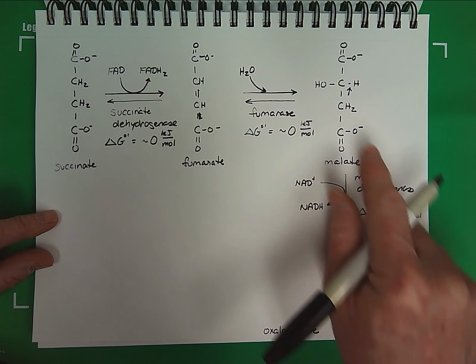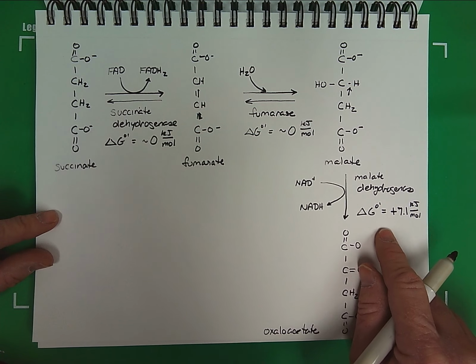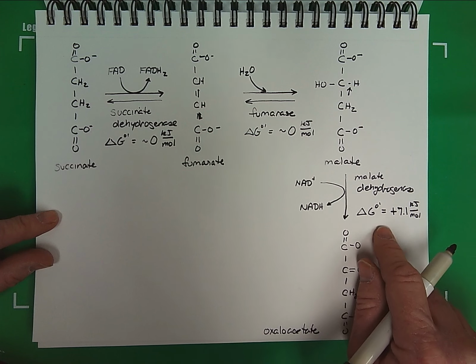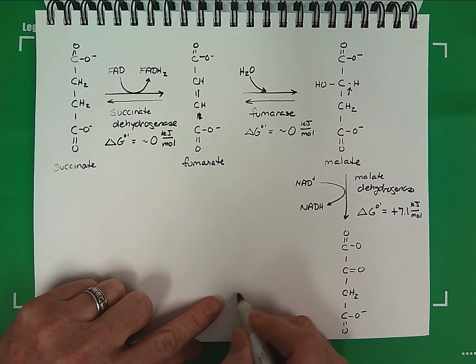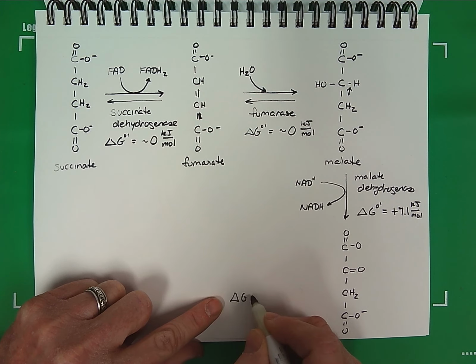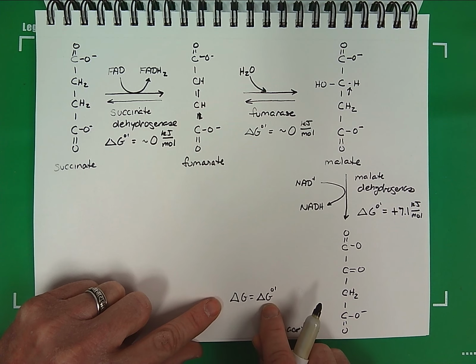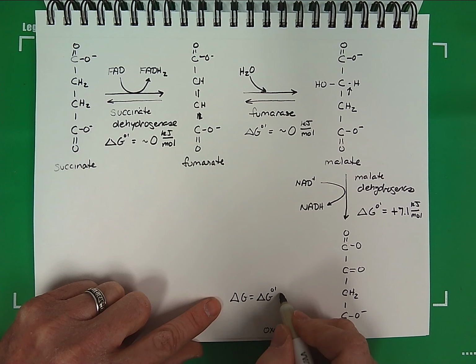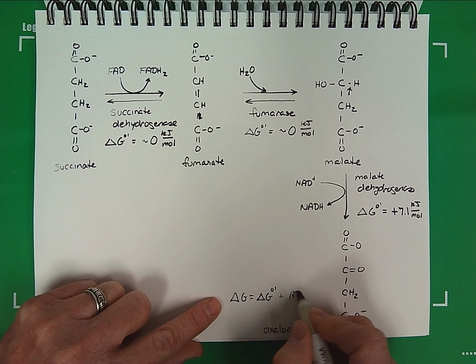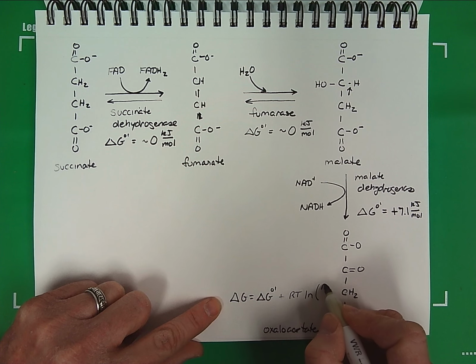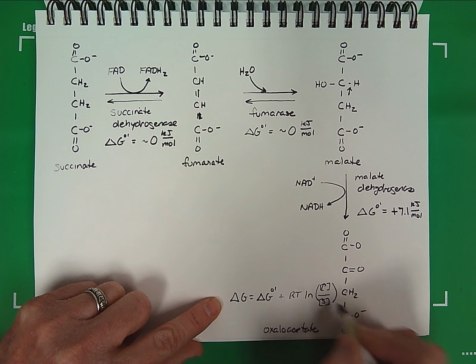However, in this particular case with malate dehydrogenase, it comes down to our substrate product relationship. So remember, our true free energy calculation is not just the standard free energy. It is going to take into consideration the natural log of the product over the substrate concentration.